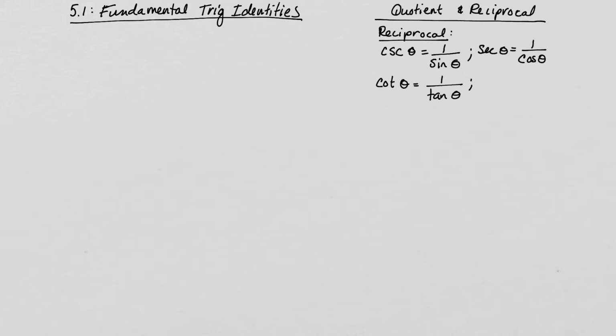But remember, the flipping over works both ways. If you took tangent and flipped it over to get cotangent, you could flip it back over again to get back to tangent. So we can also say that the tangent of theta is equal to 1 over the cotangent of theta.